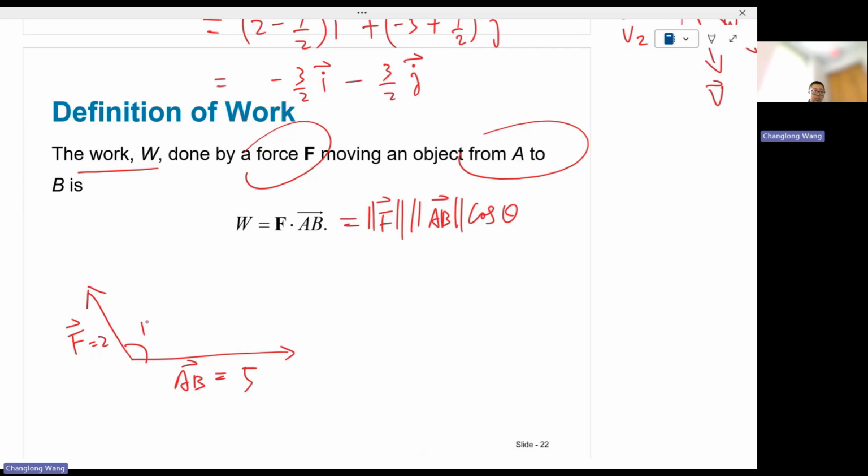The angle in between is 120 degrees. So the work done is the magnitude of the force, 2, times the magnitude of the movement, 5, times the cosine of 120 degrees. Make sure you're using degree mode in the calculator, and it's going to work out as -5.